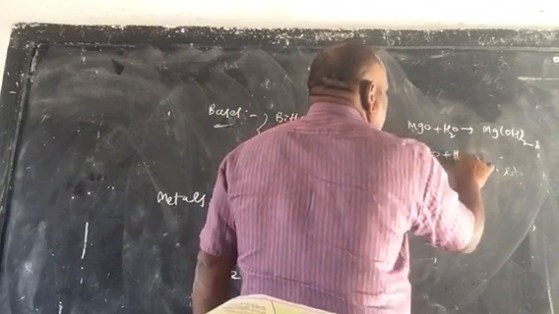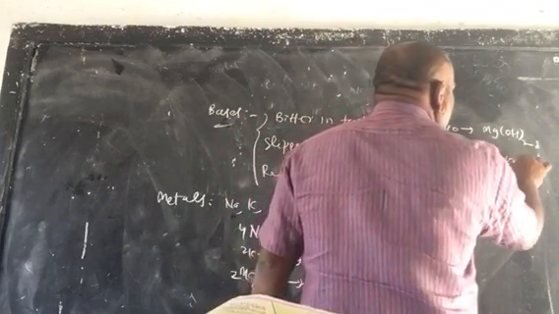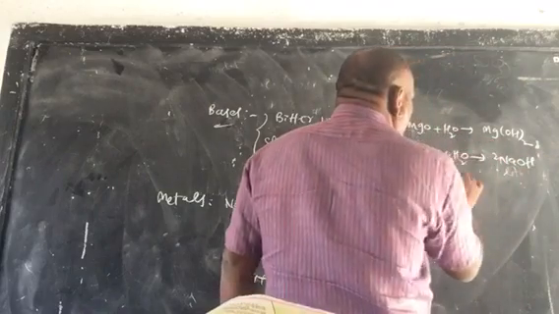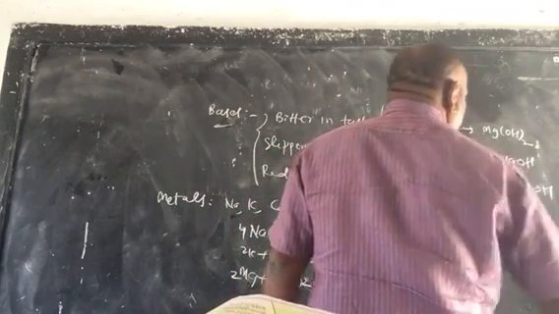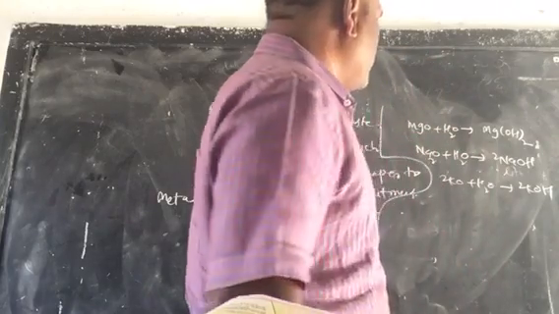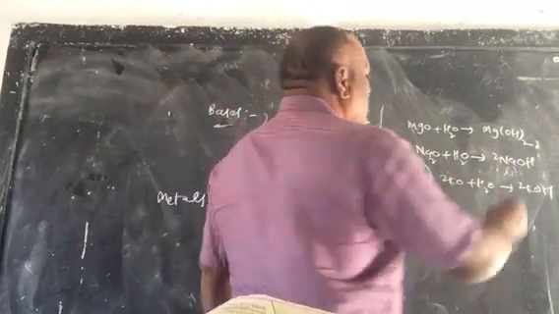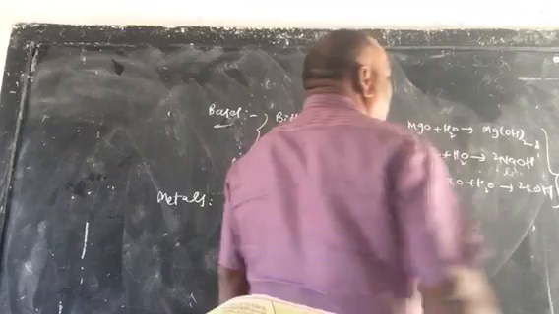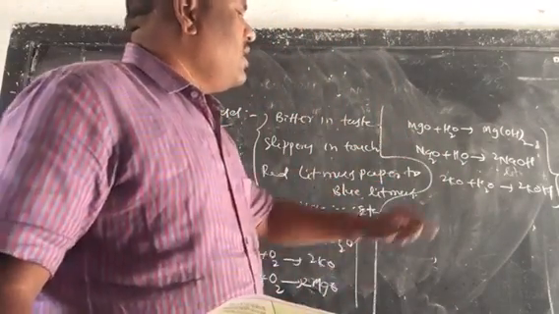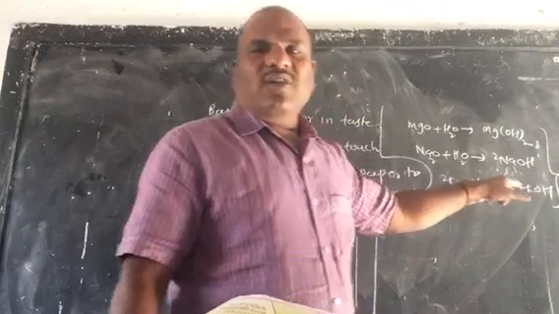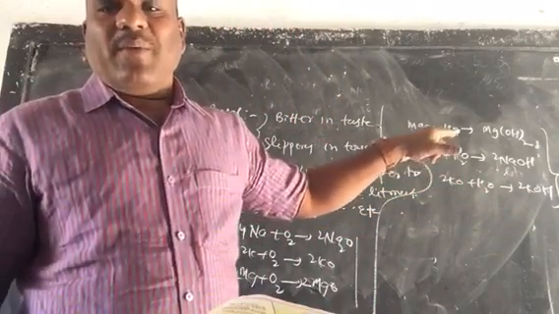Na2O plus H2O gives us 2NaOH, and K2O plus H2O gives us 2KOH. Now these are the bases, children: magnesium hydroxide, sodium hydroxide and potassium hydroxide. So this is the way of formation of bases in the laboratory.